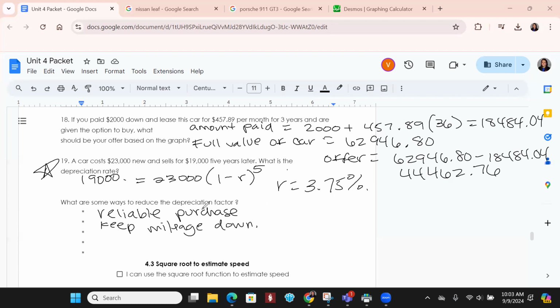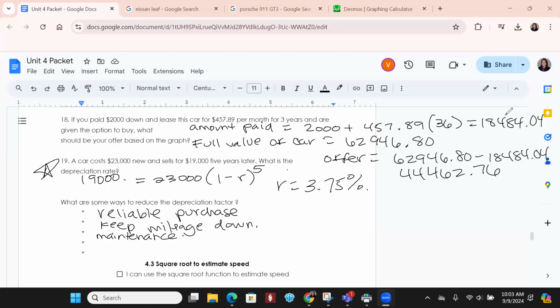What other ways can you reduce the depreciation factor? Okay, I want everybody to pause. Go ahead, go to Google. I want you to type in, what are some ways to reduce depreciation factor? Yes, Tyler, usage. What do you mean? You're just reading it? Okay.